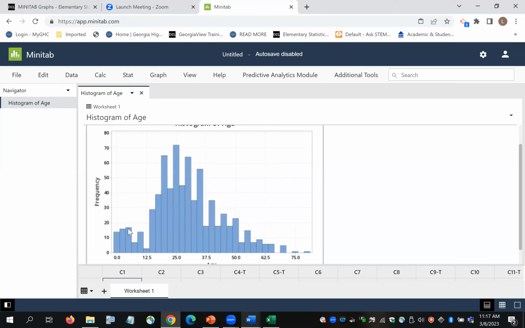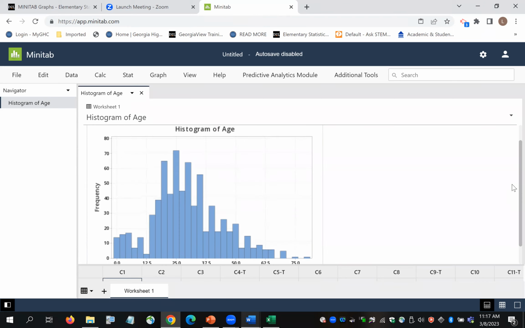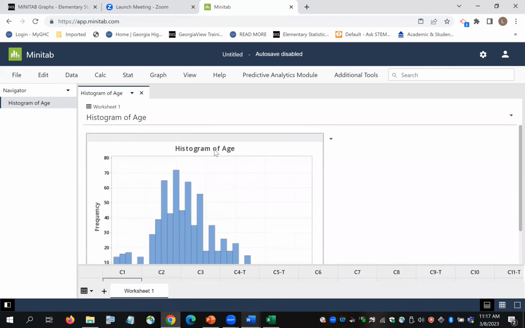So if you're in Minitab, it's interactive. You can scroll over the bars and get information. Now, once I copy it and move it out of Minitab, I lose that interactivity. But again, our title needs to be detailed and descriptive. Again, think who, where, what, when. So again, I have to use the little black triangle in the upper right-hand corner.